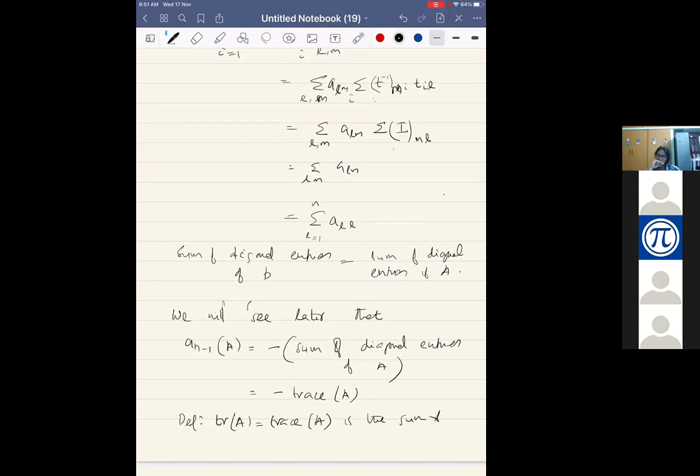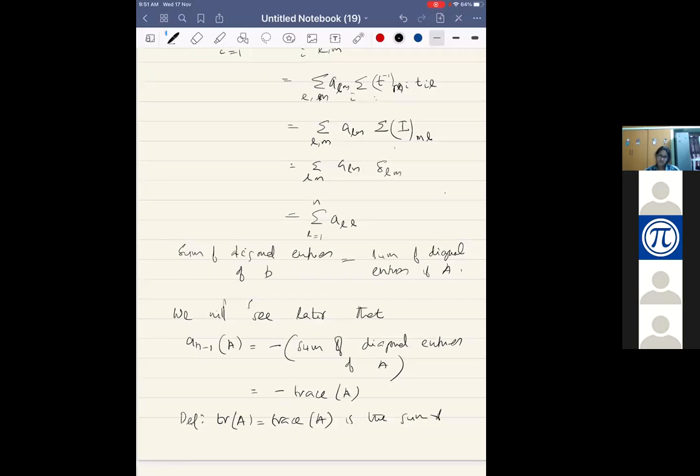I understand, I just didn't know the notation. Okay. This is called the Kronecker delta or Kronecker symbol. It's a very simple but useful symbol. It's a symbol that takes in two indices and is equal to 0 if the indices are different, and equal to 1 if they are the same.